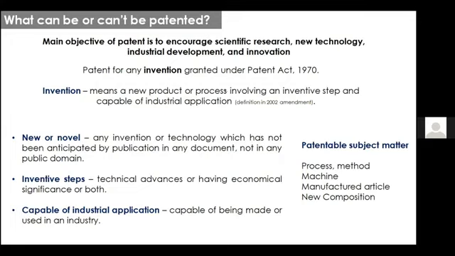So a patent for any invention is granted under the Patent Act 1970. One important term to understand here is invention. And invention, according to the definition in the 2002 amendment, means a new product or process which involves an inventive step and is capable of industrial application.